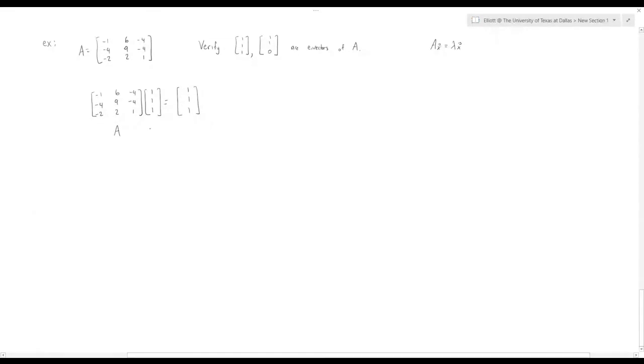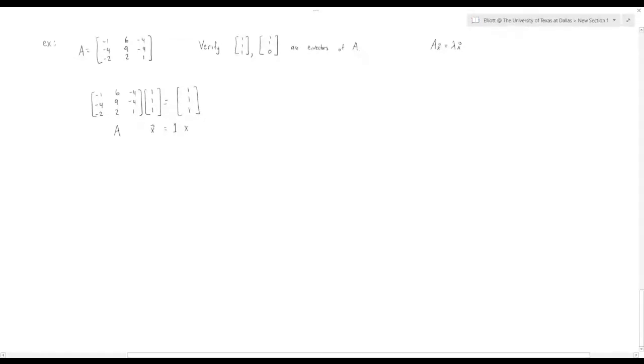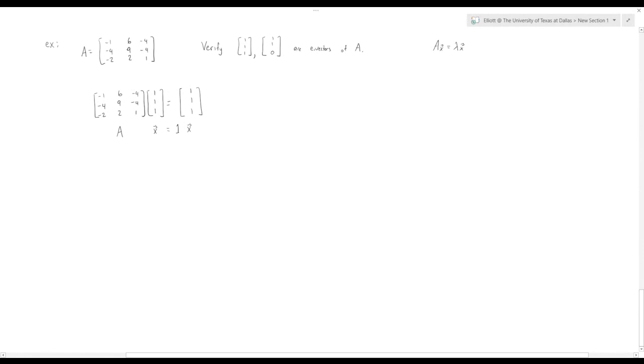So we have A times this first vector equaling the scalar 1 times that vector, okay? Because 1 times 1, 1, 1 gives you 1, 1, 1. So that means that this 1, 1, 1 vector is an eigenvector, and it has corresponding eigenvalue of lambda equals 1, okay?